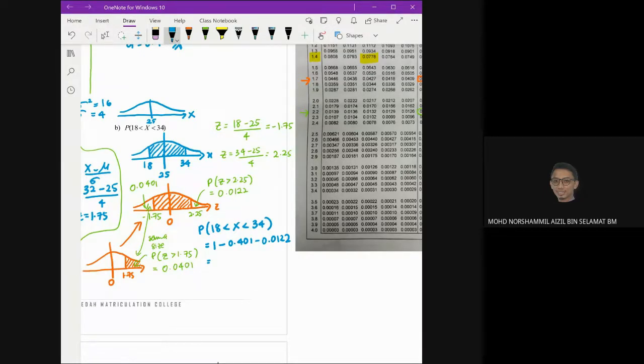Jadi kita tolak yang belah kiri dan yang belah kanan, dapatlah tengah-tengah dia. So calculate boleh kan? 0.0401. Okay, so dapat apa dah? 0.9477. Thank you. Very good.